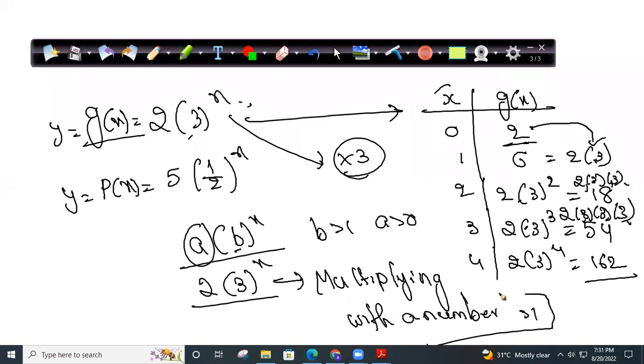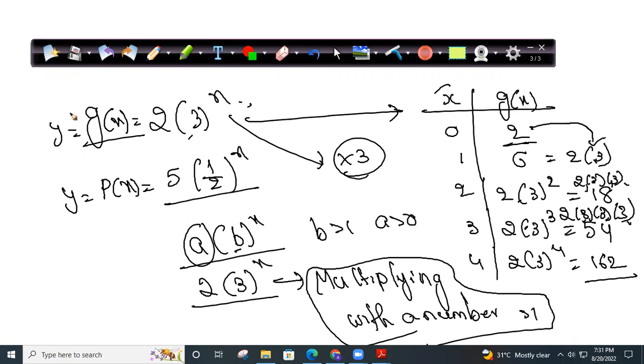If I multiply with a number greater than 1, it is said to be an exponentially increasing function. Most important, I'm explaining you from the base. If you can understand the base, you can do any question that comes as part of the exam. So what is the meaning of an exponentially increasing function? Multiplying with a number greater than 1.